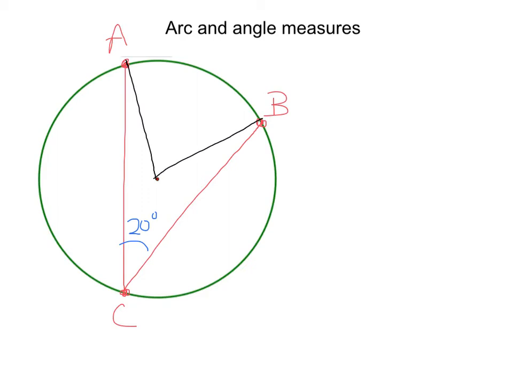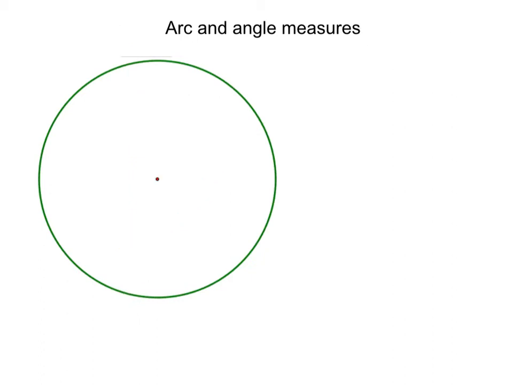We'll call that circle O. We know that the measure of arc AB is equal to the measure of angle AOB. The problem is we don't know how big AOB is. So let's look at that for a second.